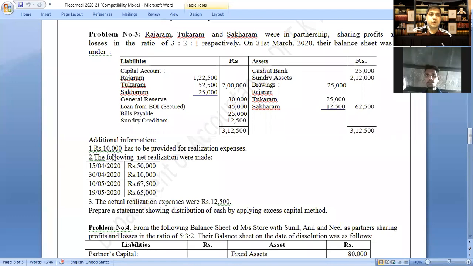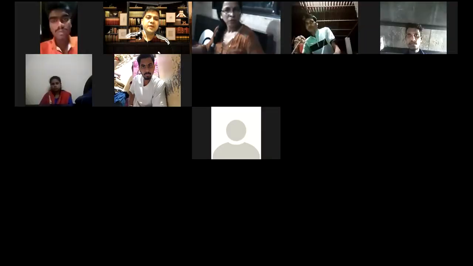In our note, additional information number one, rupees 10,000 has to be provided for realization expenses. It means the partnership firm keeps 10,000 aside for realization expenses.